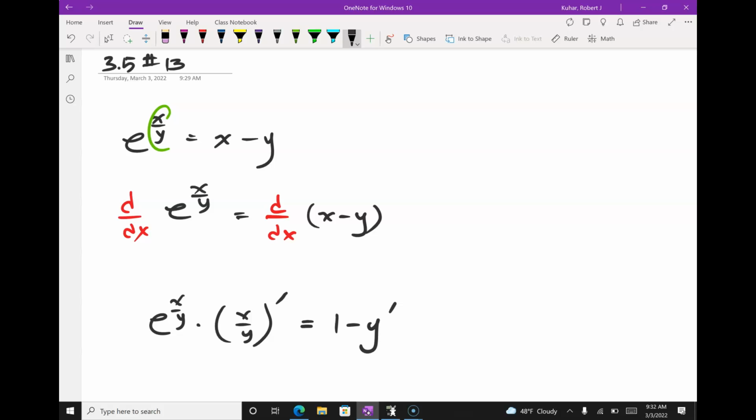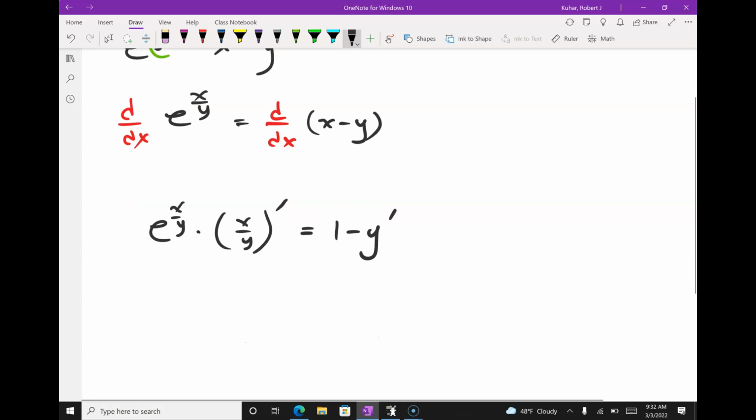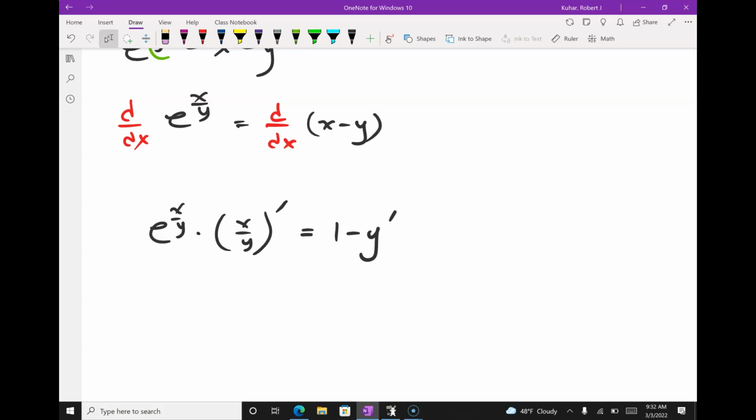So this implicit is really nothing new. It's pretty easy, but you got to be organized, right? So I'm going to get my quotient rule. Upstairs function is x, derivative is 1. Downstairs function is y, derivative is y prime, and I need it over y squared. So what do I get?